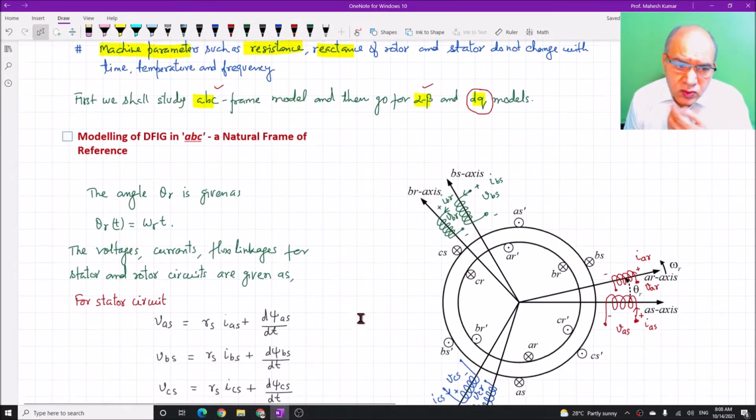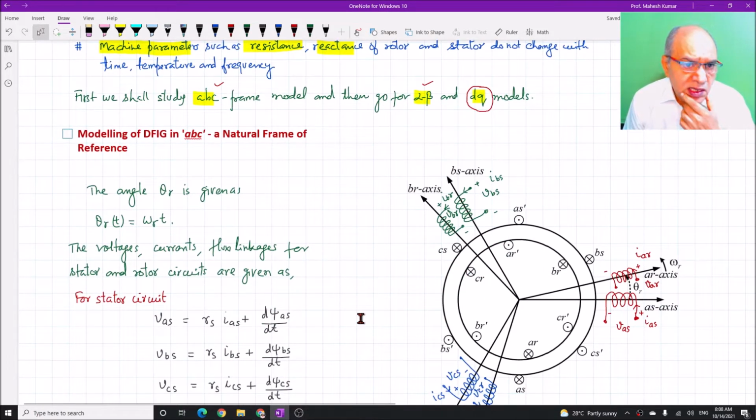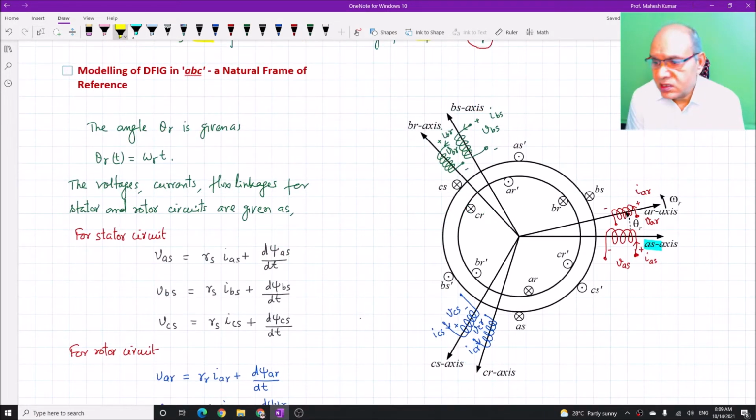So let us try to understand what is this ABC or natural frame of reference for the DFIG. So this is the A axis for the stator and this is for the rotor. Similarly, this is the B axis for the stator, this is for the rotor, and this is the C axis for the stator, S for stator, and this is for the rotor.